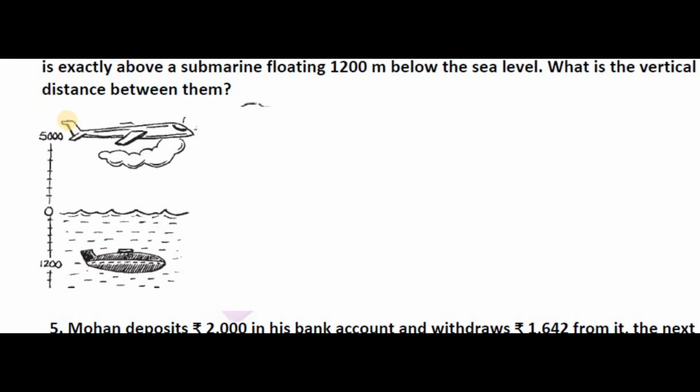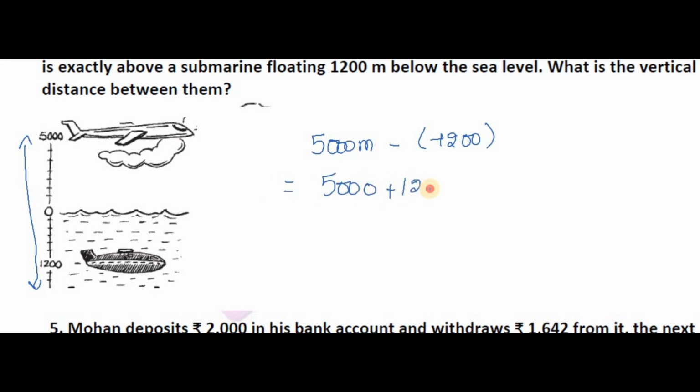So vertical means what? A line is already drawn here. We want to know how much distance there is from here to here. So it is flying at 5,000 meters, and the submarine is under the water, so -1200, right? Because 0 is the sea level, it is 5,000 minus minus 1200, which is plus 1200, and the total distance is 7,200 meters.